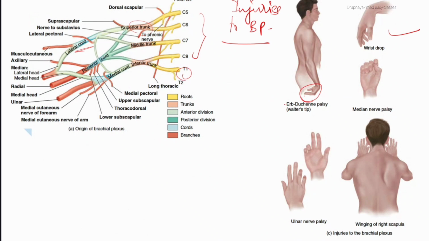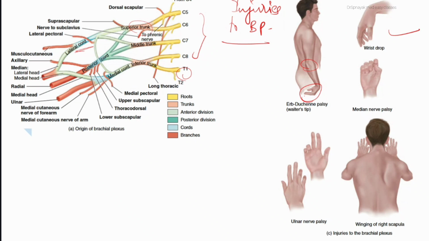The waiter's tip position occurs due to the injury to the brachial plexus, where the arm is medially rotated and the elbow is extended. The forearm is pronated and the wrist is flexed. That condition is known as the waiter's tip position, and there is a loss of sensation along the lateral side of the arm.